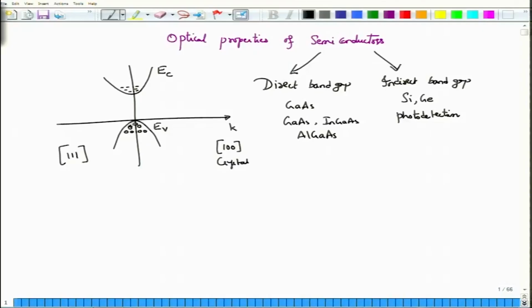What you see is that all the holes collect more or less at the top of the valence band, and all the electrons collect in the kind of well that is formed in the conduction band. And it is now possible for an electron to transition or recombine from the conduction band to the valence band.